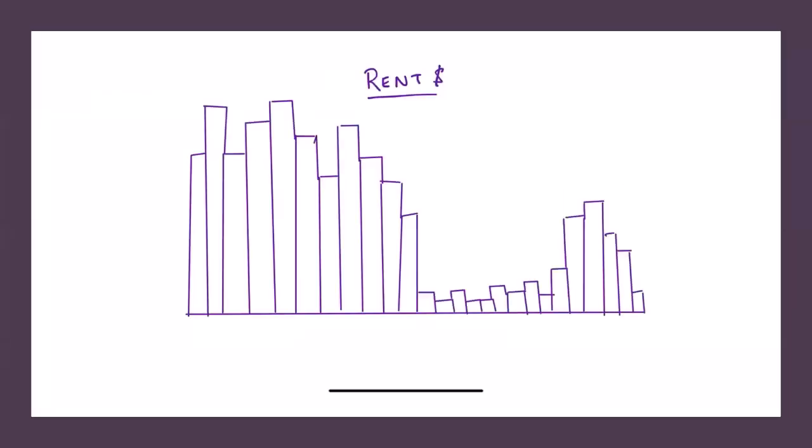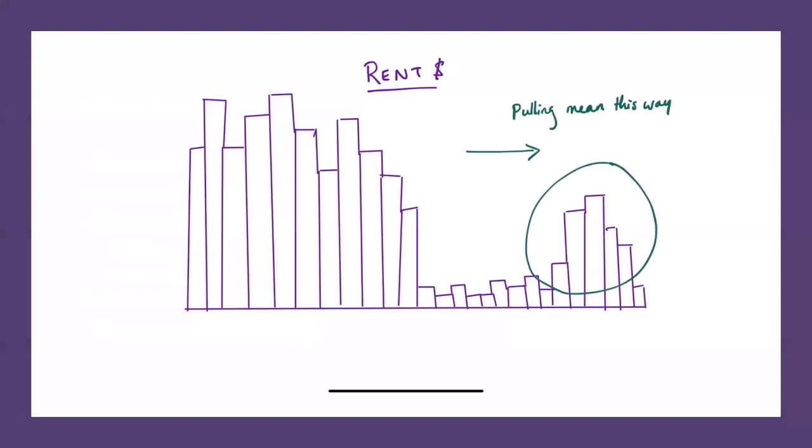So let's take rent in the lower mainland as a visual example of a median. Say that most of the data points stack up in the middle to low end of the scale, as you can see, but there is a big bunch of data at the very top as well. Of course, this bunch will skew the mean to be an unfairly high representation of the true common score of the data.